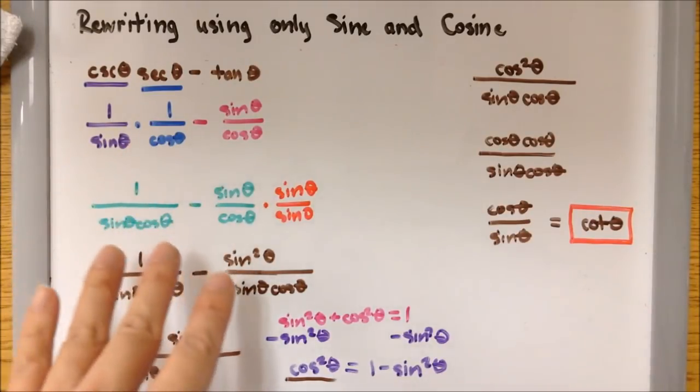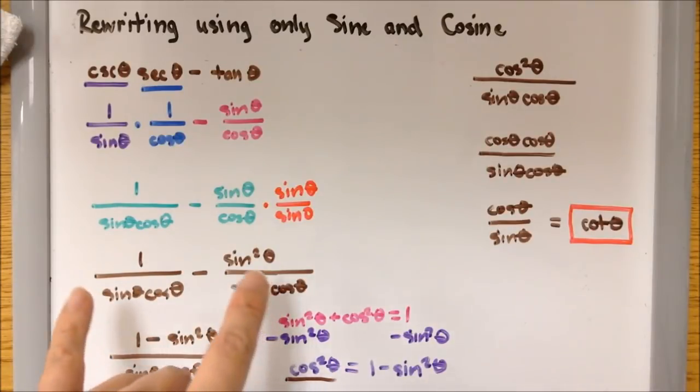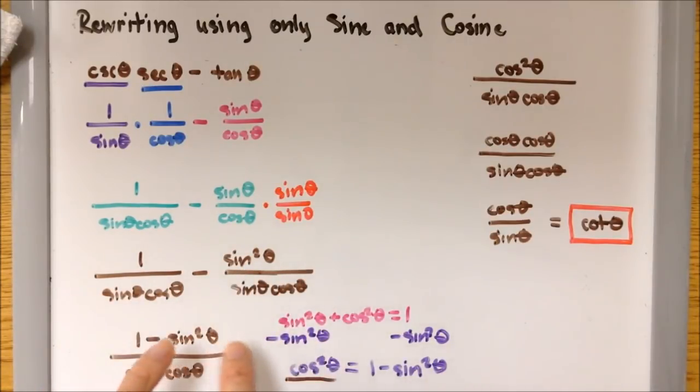So always convert into sine and cosine. Make sure to be able to combine fractions with a common denominator, and always check if you can use the Pythagorean identity. I check because there's a 1 and there's a sine squared theta, and here is the Pythagorean identity. So sine squared theta plus cosine squared theta equals 1.